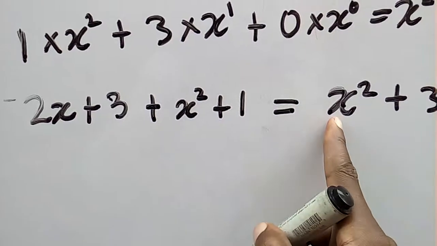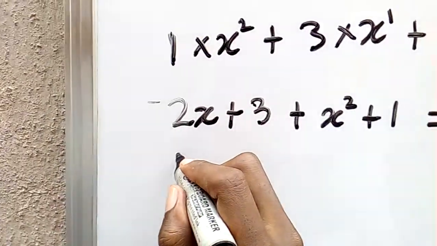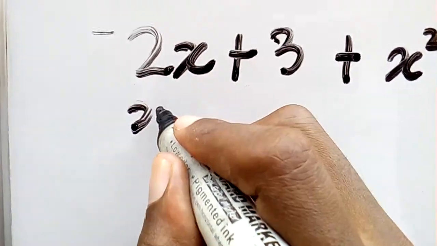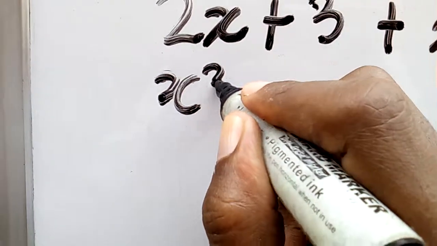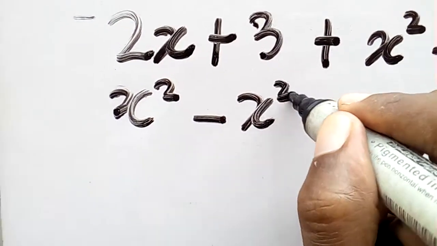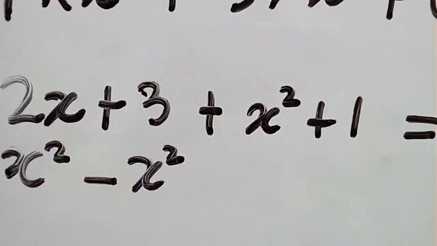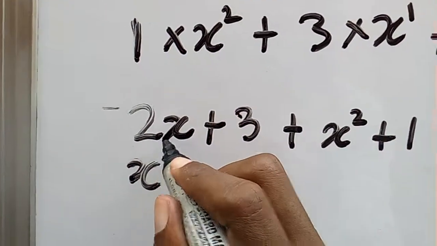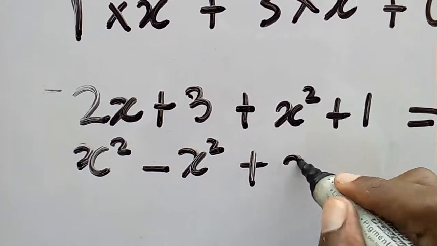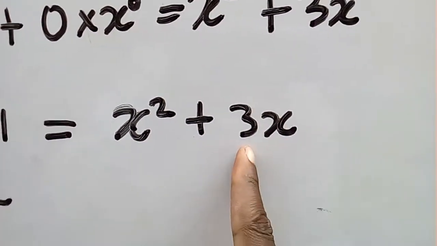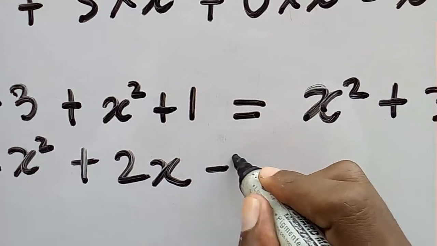Oh yeah, the x squared coming over to this side will make, let's put all the x squareds together. Okay, x squared minus x squared. See that the x squared is gone. Alright, and then you have your 2x. Okay, it's a positive 2x minus 3x.